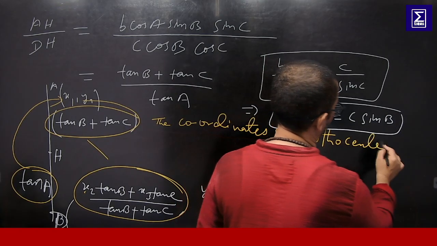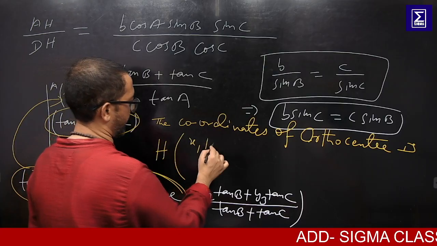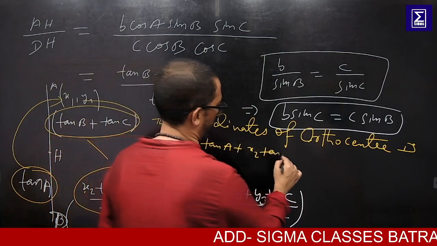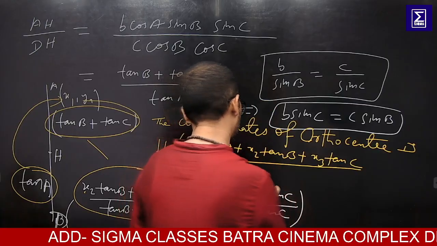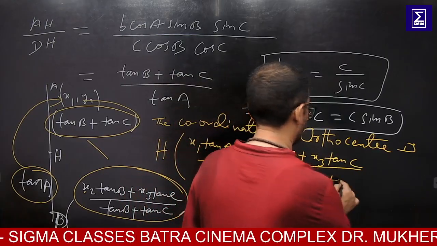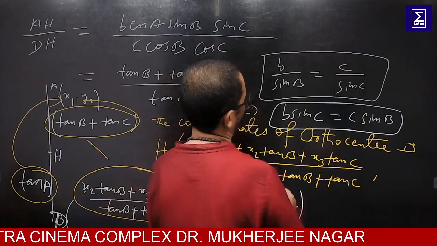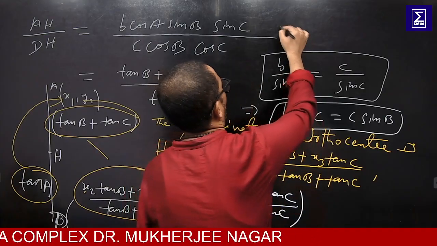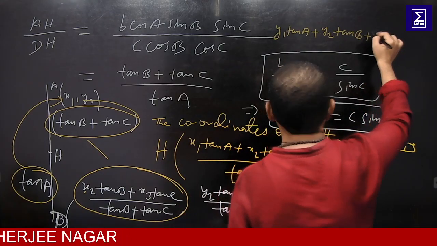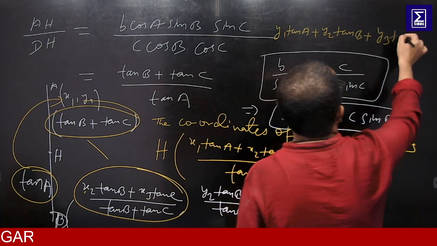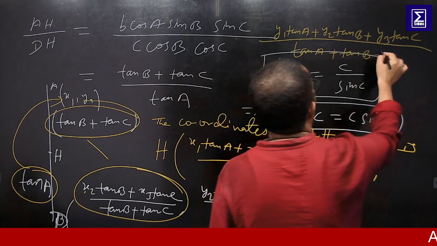Coordinate of orthocenter H is, within brackets, x1 tan A plus x2 tan B plus x3 tan C upon tan A plus tan B plus tan C. In a similar way, for the y coordinate, I am writing y1 tan A plus y2 tan B plus y3 tan C upon tan A plus tan B plus tan C.